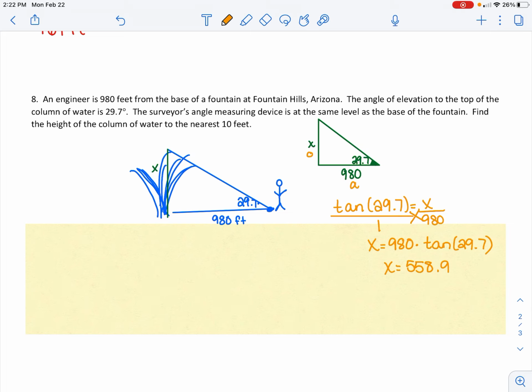The directions say to find the height of the column of water to the nearest 10 feet. So that's either going to make us have 550 feet or 560 feet. Since this is an 8, that's going to round that 5 up to a 6. So we are going to be at 560 feet.